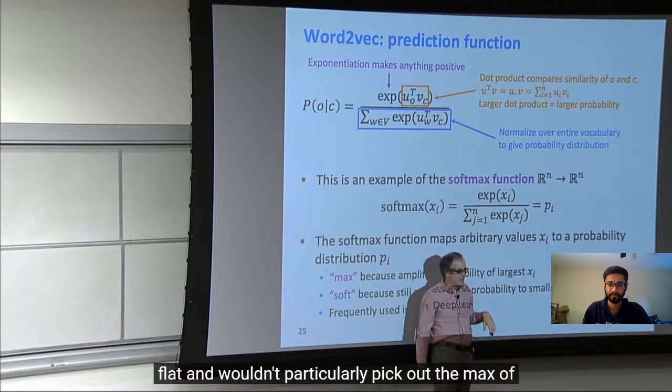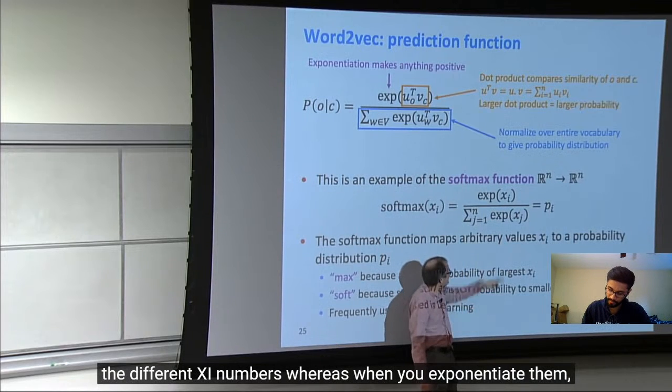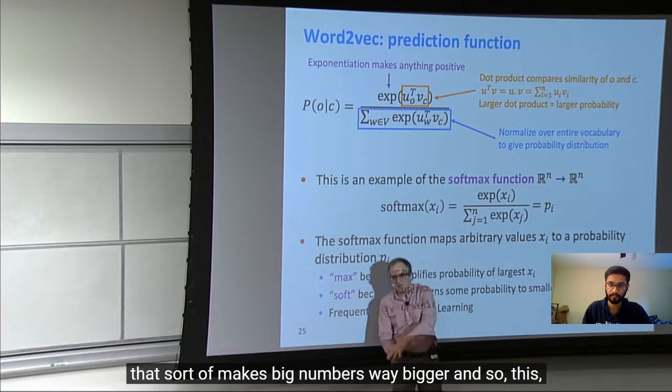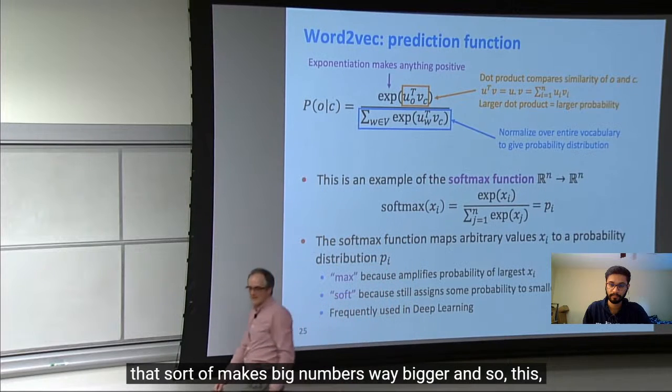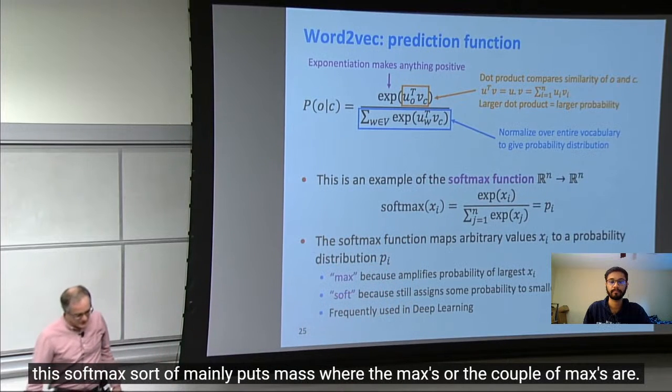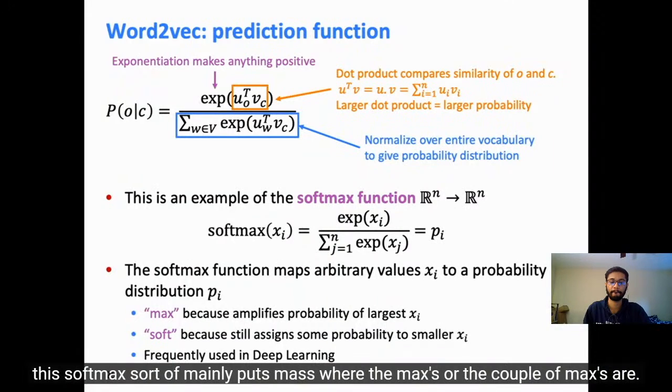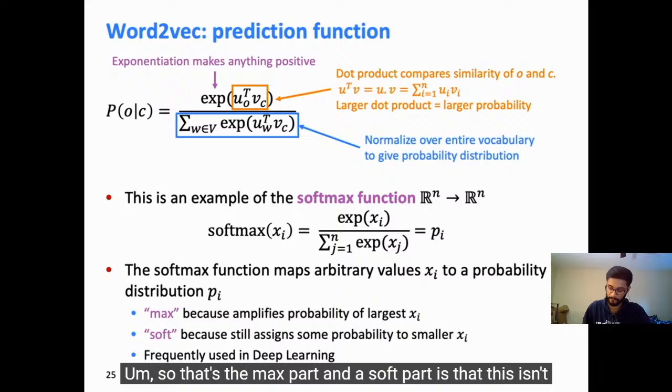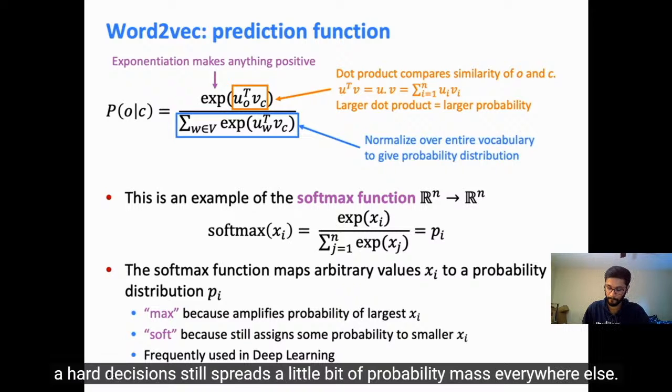It wouldn't particularly pick out the max of the different xi numbers, whereas when you exponentiate them, that makes big numbers way bigger. And so the softmax mainly puts mass where the max is, or the couple of maxes are. So that's the max part. And the soft part is that this isn't a hard decision. It still spreads a little bit of probability mass everywhere else.